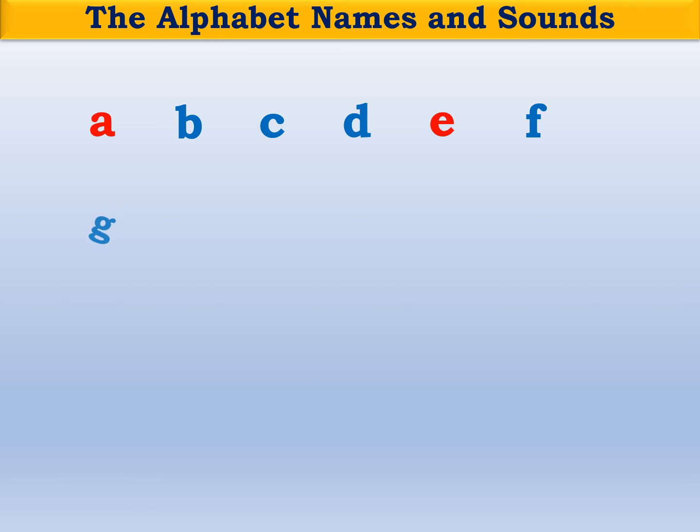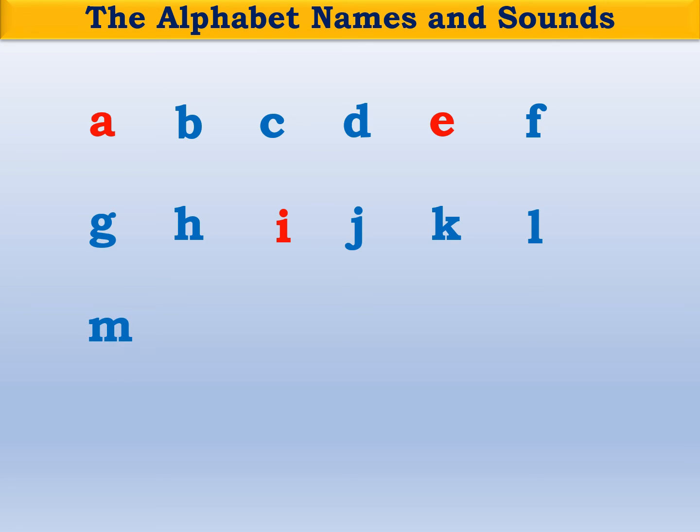G, goats. H, hearts. I, eyes. J, juice. K, kite. L, lion.